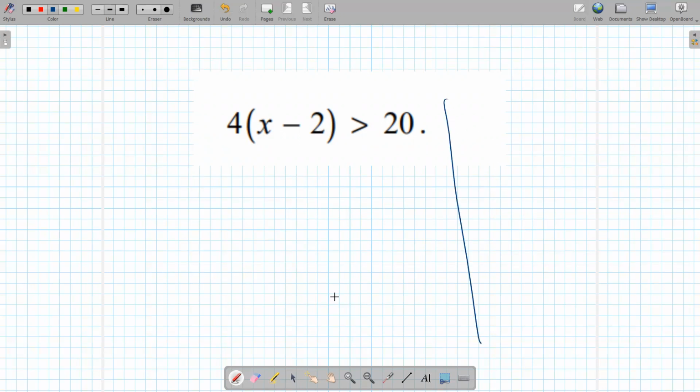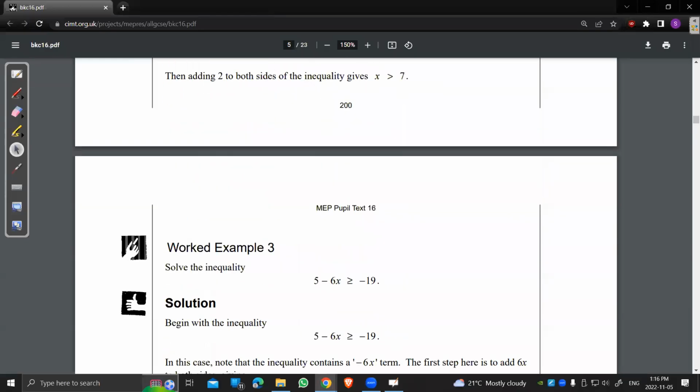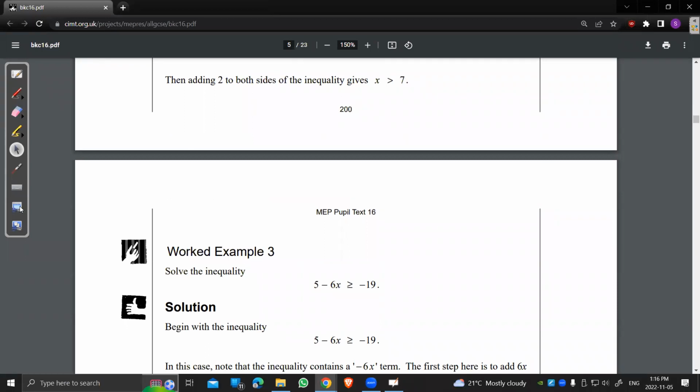You could divide by 4. Which one do you think is easier? Dividing by 4. Yeah, that'll save you an extra step. So x minus 2 is 5, x is 7. If you open the brackets, you get 4x minus 8 is 20. You gotta add 8 first, right? 28, and then, I mean, they're both right, but it'll save you this step in the middle. Easy questions, like we're beyond this.